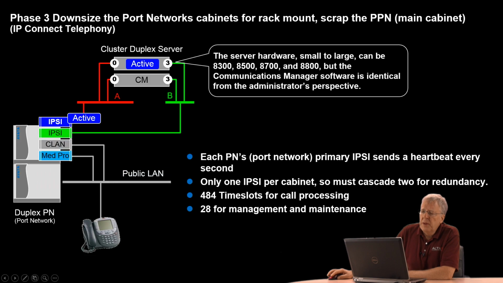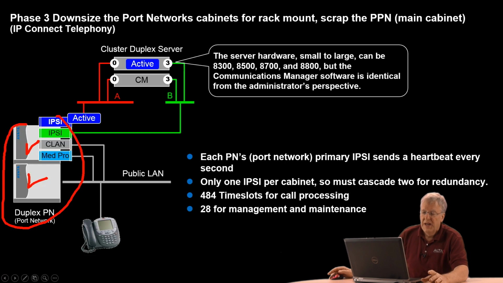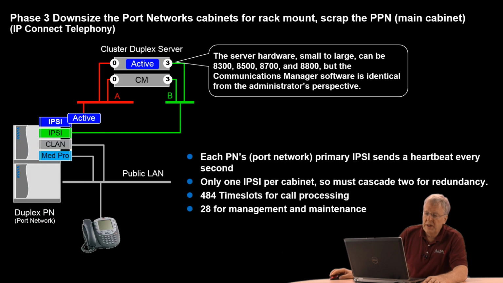So in the duplex mode, it's also possible to take our port network, and as long as we have at least 2 carriers, remember a carrier is a card shelf, we can plug in a card called an IPSI. And this was like the decade of IPSI was the big thing to say, because what the IPSI is really doing is it's occupying a spot where a CPU controller would have been, and basically connecting the port network through an Ethernet network to the active controller.